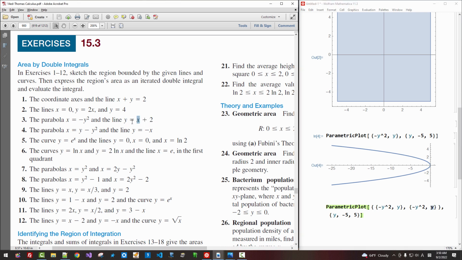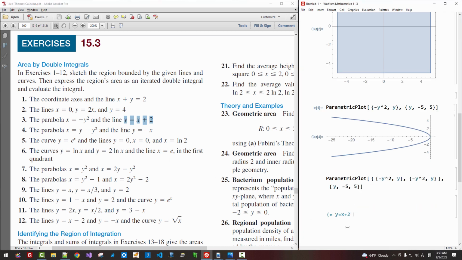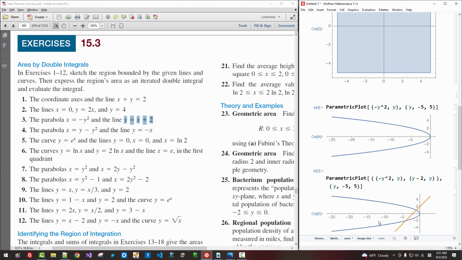X is y minus 2 because it can be represented x equals y minus 2. Okay, we can represent like this. Then this becomes x. Then we solve this graph.